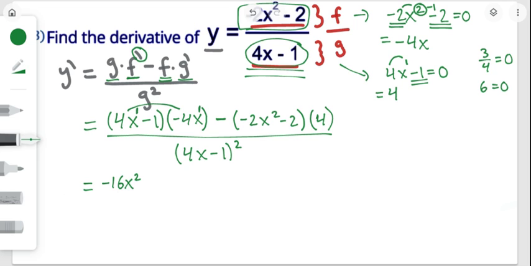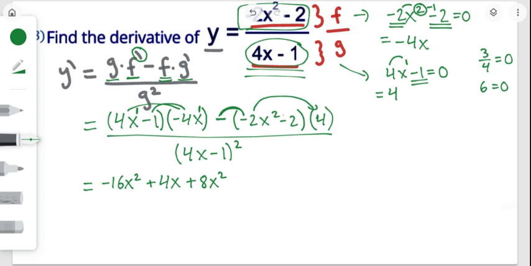So we add the powers together when we multiply. Now the second term: negative 1 times negative 4x will give you a product of positive 4x, plus 4x. Now here we have negative and negative, which gives a positive product, and then 2x to the power of 2 multiplied by 4 will give you a product of 8x to the power of 2.